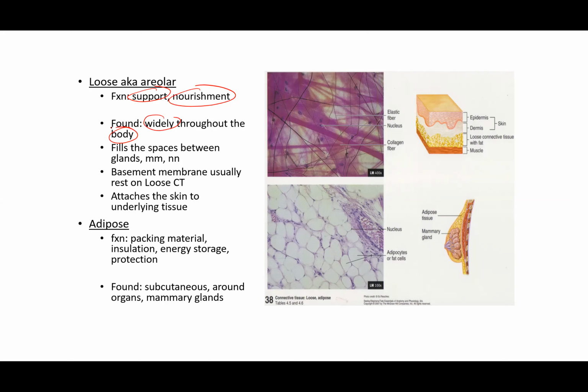It helps fill the spaces between your glands, muscles, and nerves. MM is short for muscles, and NN is short for nerves. Let's say with surgery, you open up the person, you go inside, and you start to see the muscles and the nerves.